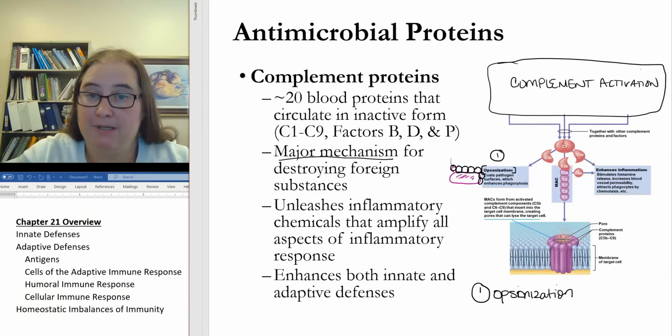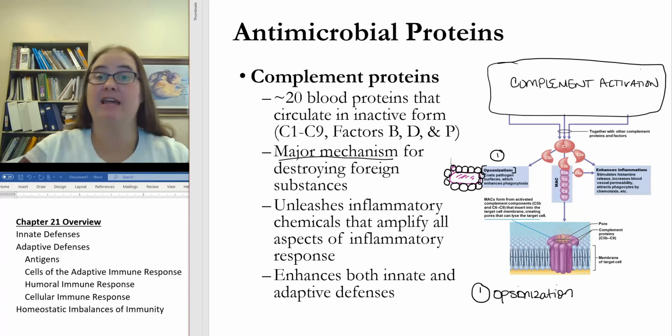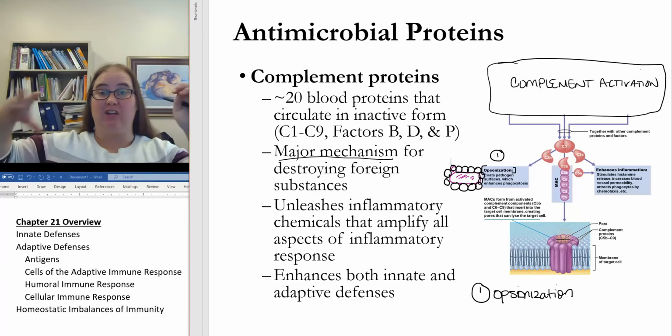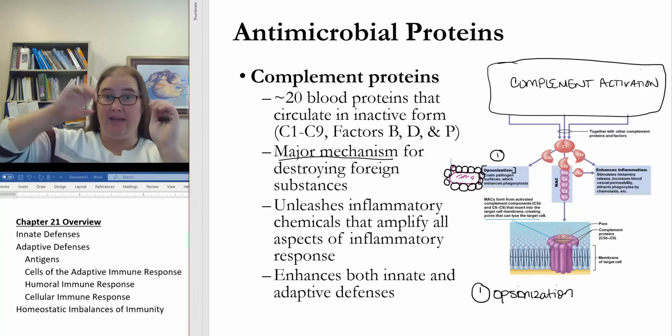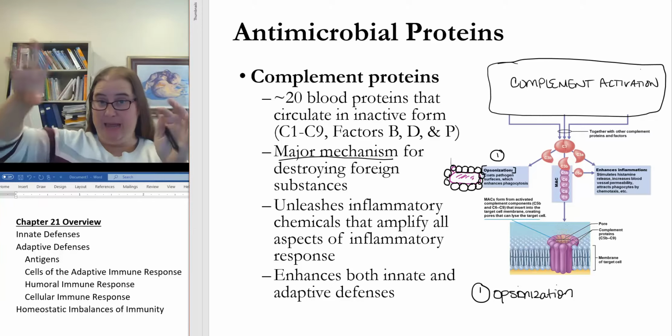When opsonization occurs, when this complement molecule encompasses this pathogen, it is like a flashing signal to our phagocytic cells, our macrophages, our neutrophils, like, hey, come get this guy, he's bad.